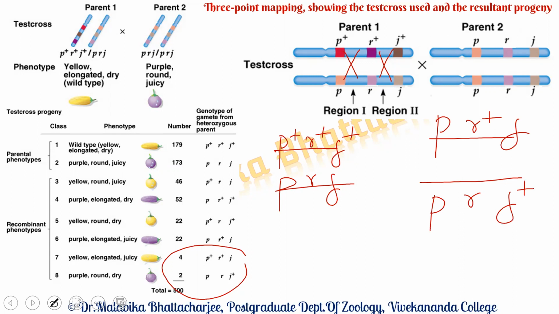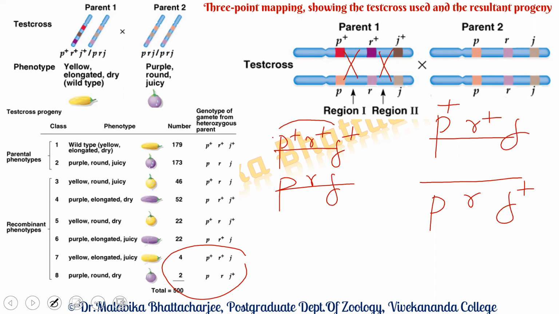We have to seek that gene which has changed its position with respect to the other two genes. Once more, we have to seek that gene which has changed its position with respect to the other two genes.